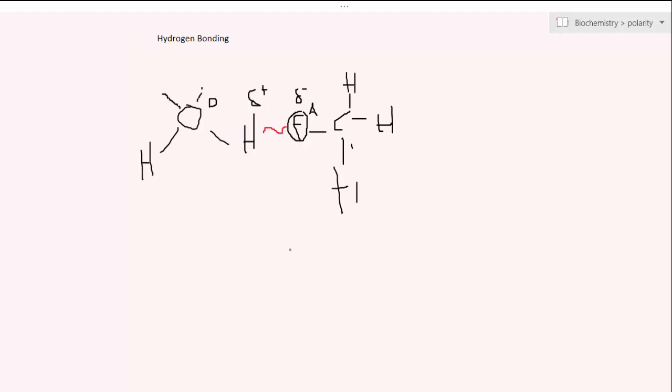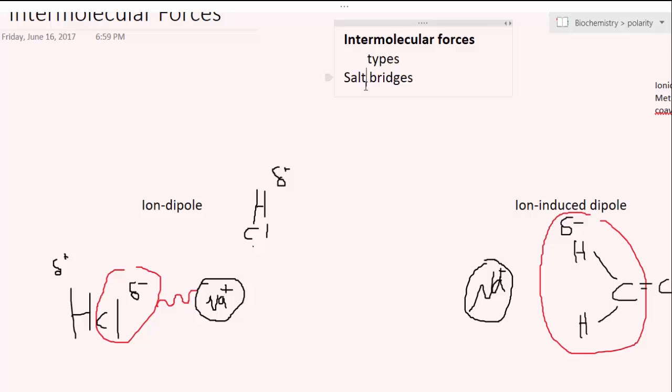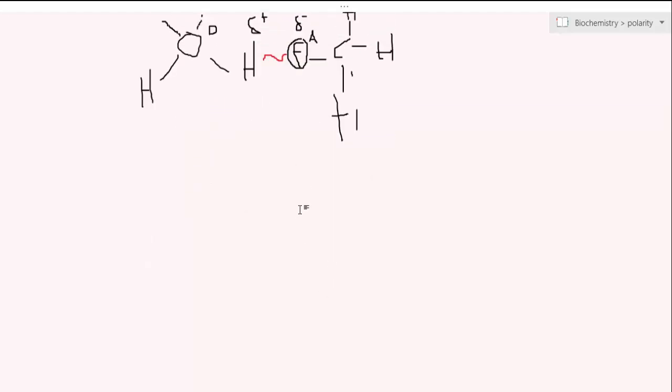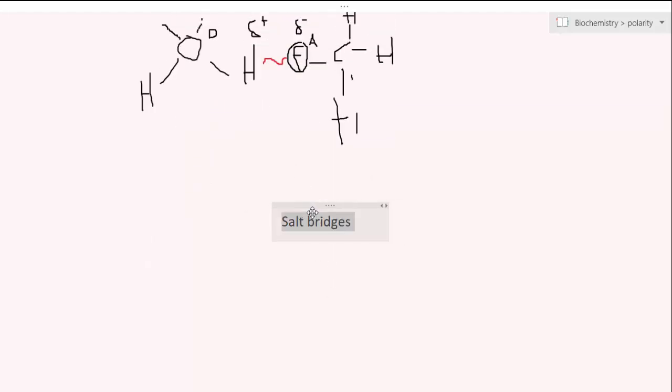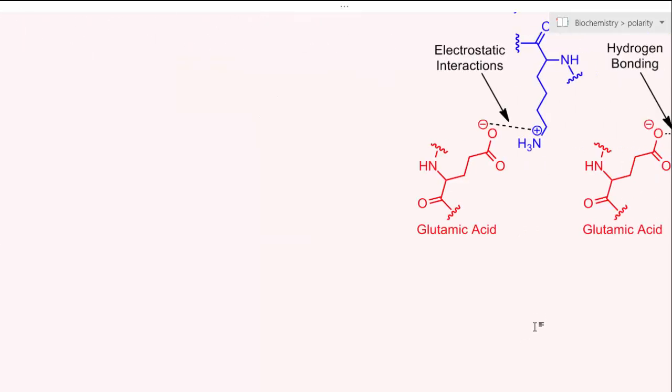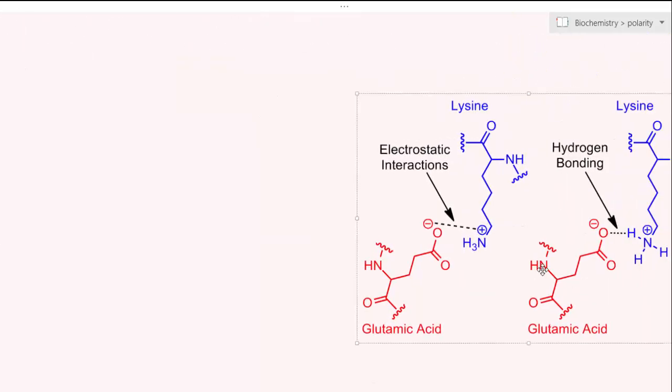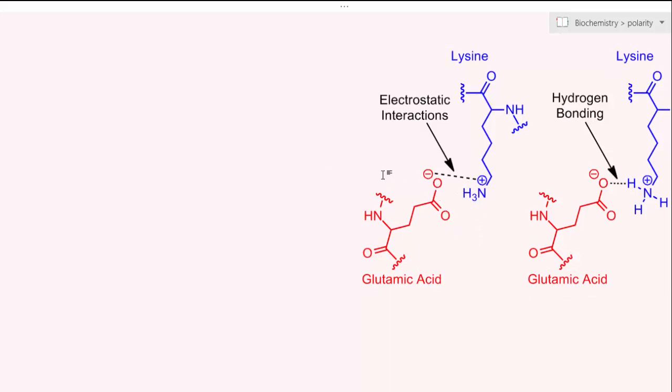Our next and final intermolecular attraction would be salt bridges, which I made the last one, although it is strong. Salt bridges are a combination of ionic attraction and hydrogen bonding. Let's take this image, also from Wikipedia. You notice here that this is the salt bridge between glutamic acid and lysine.